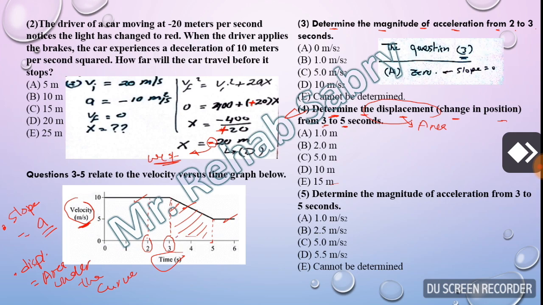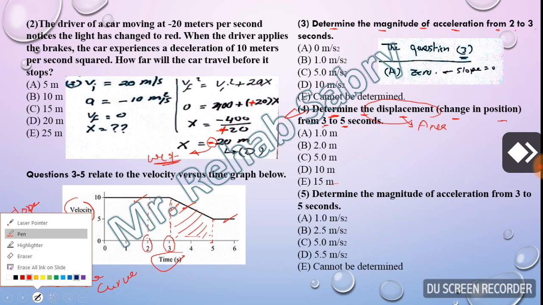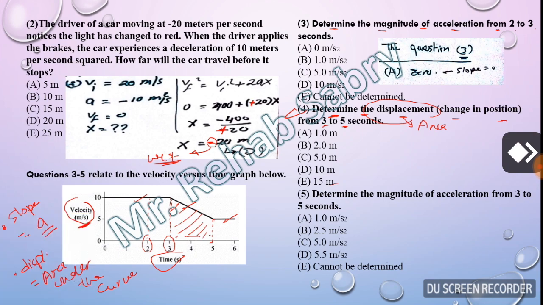How can I find this area? I can find it by dividing this region into two areas: this one and this one.